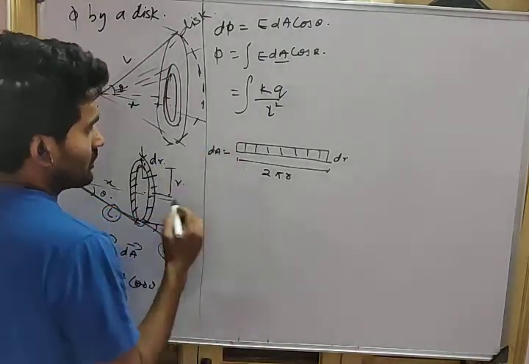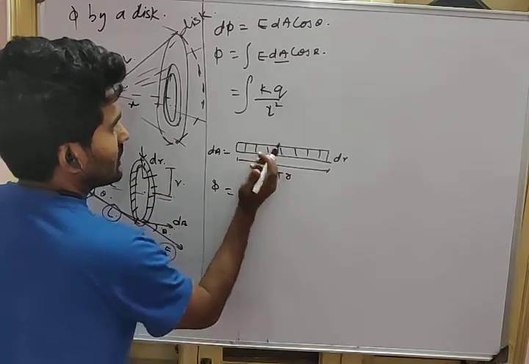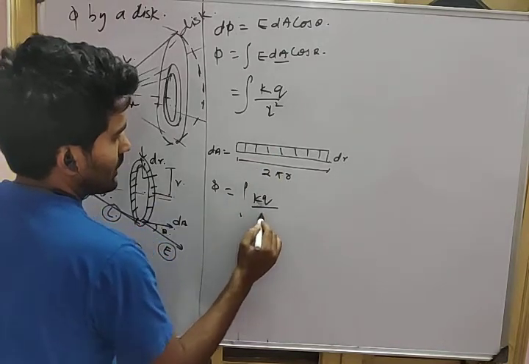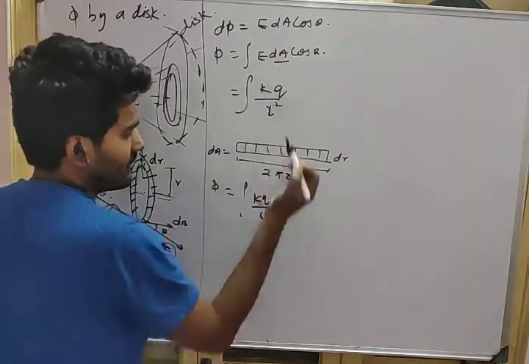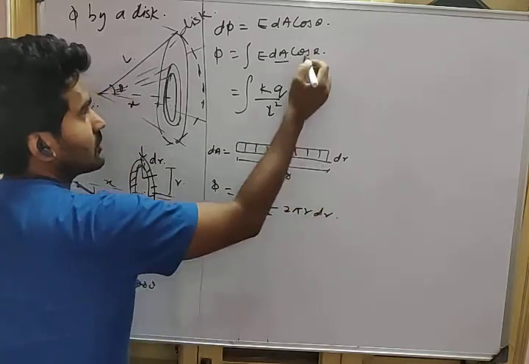So let's find φ, which is equal to, in place of E, kQ by L square, and dA is 2 pi r dr. And what is cos theta here?